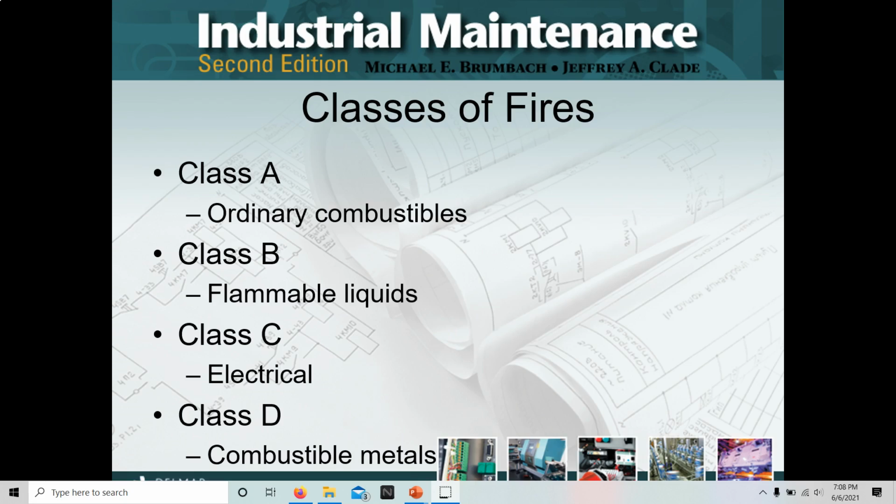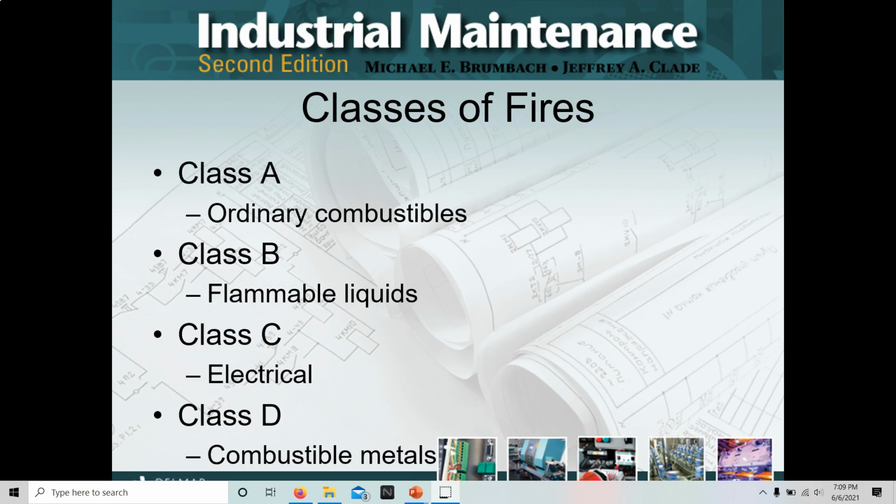So, we're going to need an extinguisher that goes strictly for liquids, and that would be a Class B extinguisher. With flammable liquids, we also have to be careful that we don't put water on them, because if it's a flammable liquid, chances are it's lighter than water. So now the liquid will float on top of the water and spread wherever the water goes. No bueno. So that's something else to keep in mind.